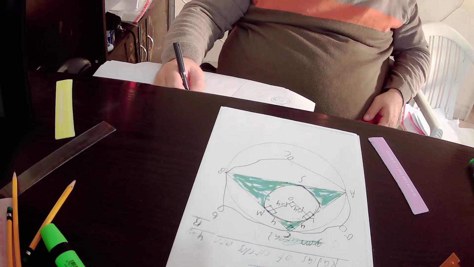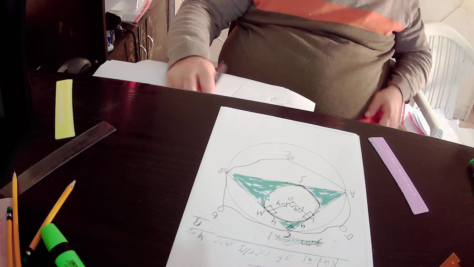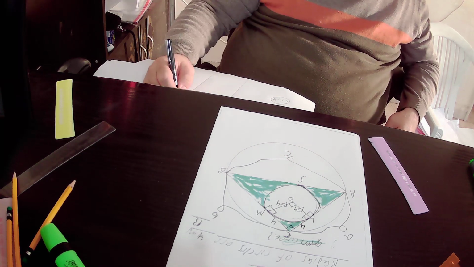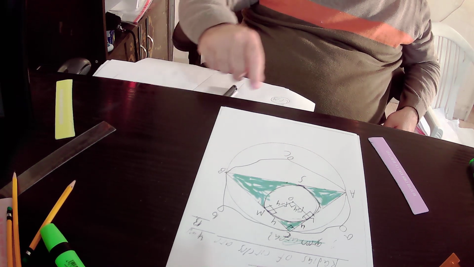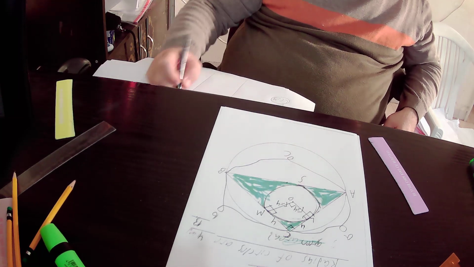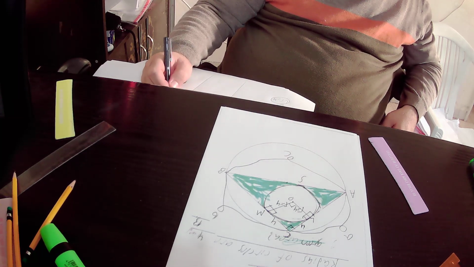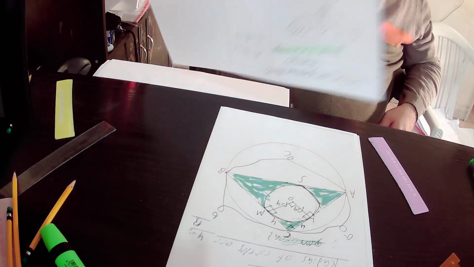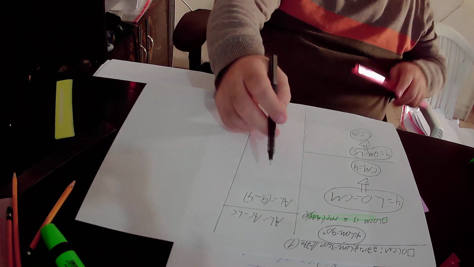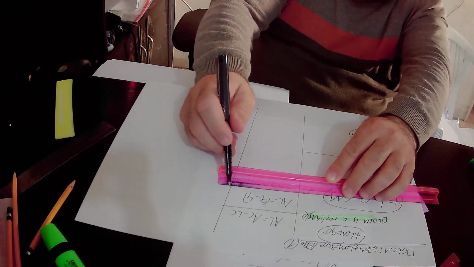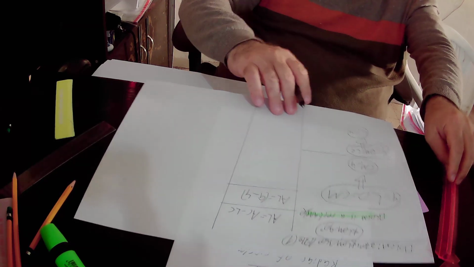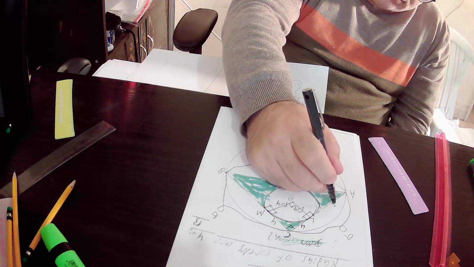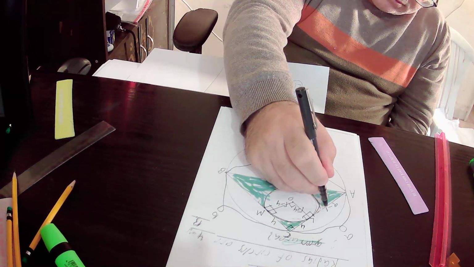So AL equals AC, which is A according to our definition, minus LC, and we already found out that LC equals 4. So in conclusion, we found out that AL equals A minus 4.